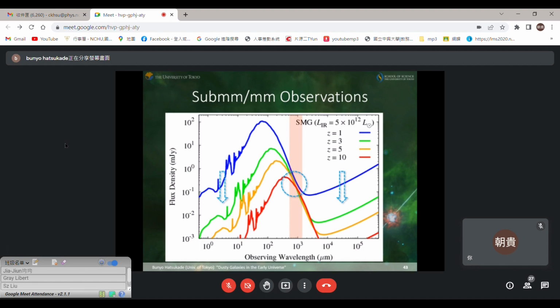So we can fit the template to the SED to calculate the star formation rate based on population synthesis modeling. But in our case, most of the observations are done at submillimeter millimeter wavelengths. So we just assume a typical shape of the submillimeter galaxy. For example, this one. And then using this template, we can estimate the star formation rate.